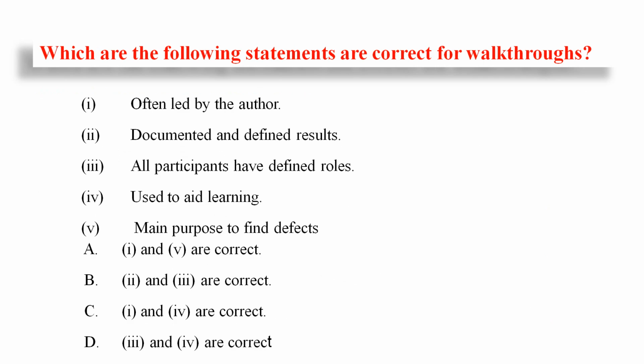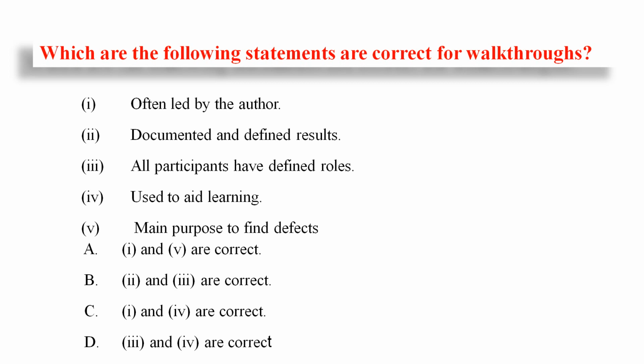Which of the following statements are correct for walkthroughs? Here they have given options 1, 2, 3, 4, 5, and answer options with combinations of A, B, C, D regarding walkthroughs. Let's see these options: often led by the author, documented and defined result, all participants have defined roles, used to aid learning, main purpose is to find defects.